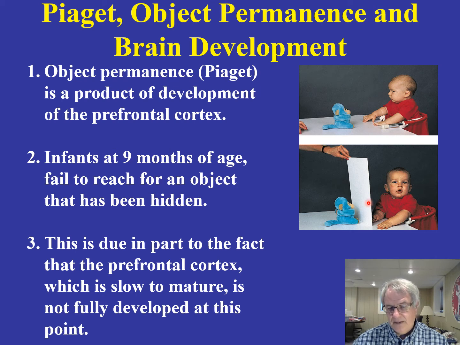But give them a few months, and with further development of the prefrontal cortical area, they're going to reach for an object that they have seen hidden. So again, this is strongly associated with what is happening in the development of the prefrontal cortical area of the brain. So we can explain object permanence on the basis of this.